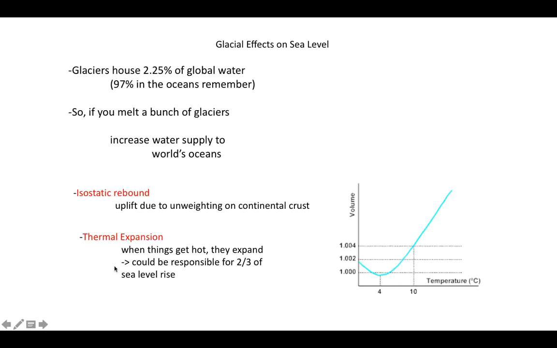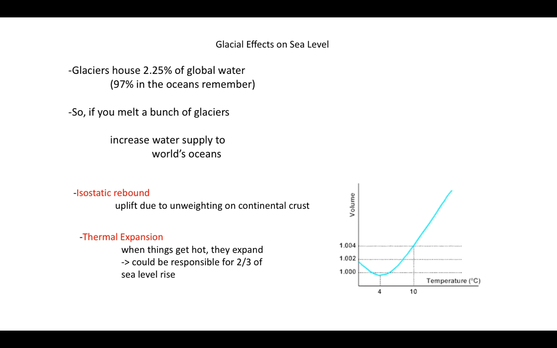And then thermal expansion. When things get warmer, they expand. That's why bridges are built with little grates in them. A bridge is never just a solid piece of cement or material, because when it gets warm outside, that bridge is going to expand. And if it doesn't have room to expand, it's going to break apart.